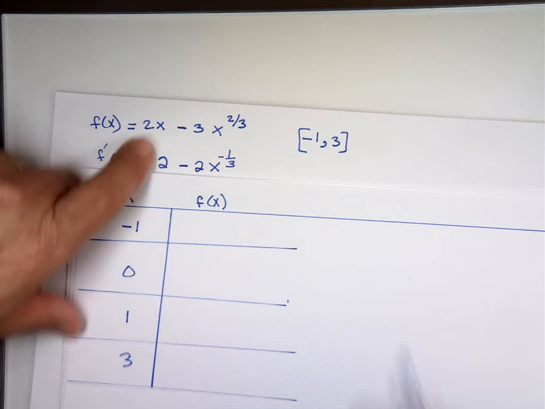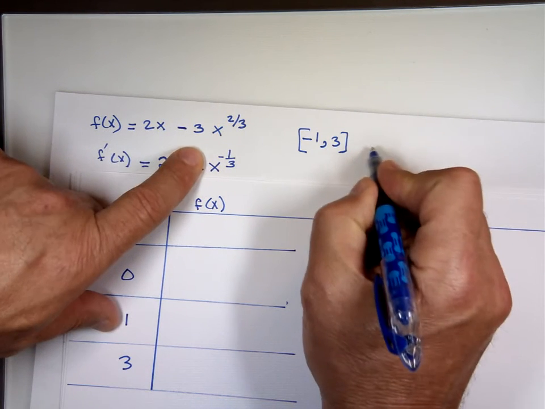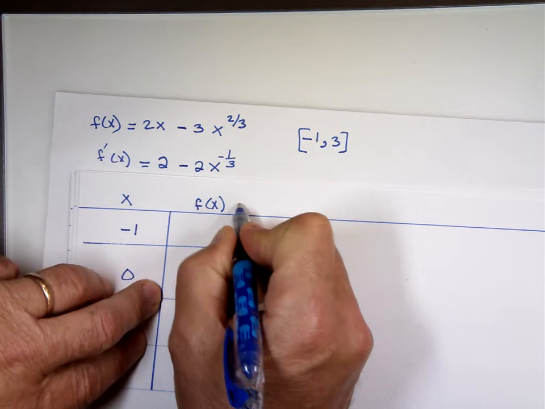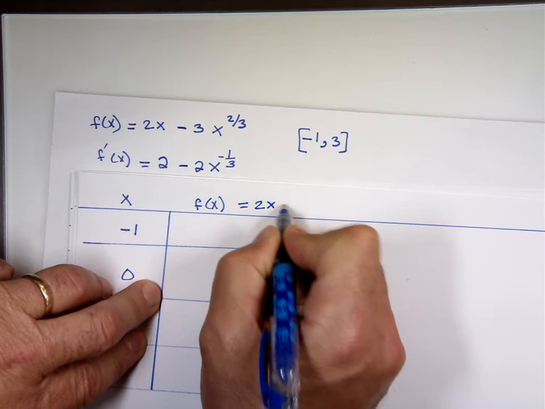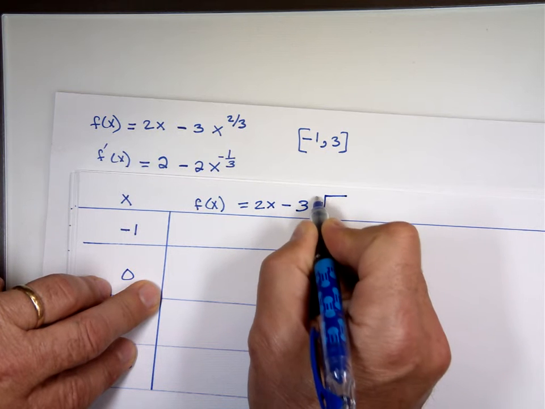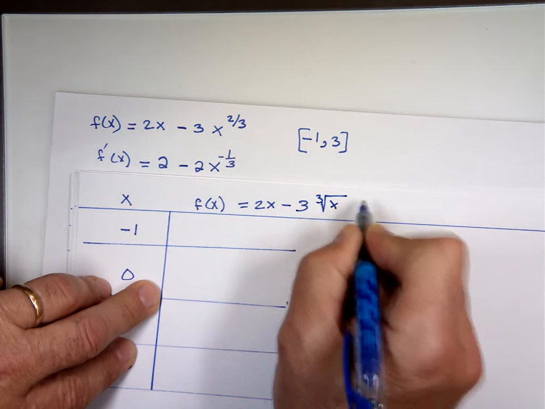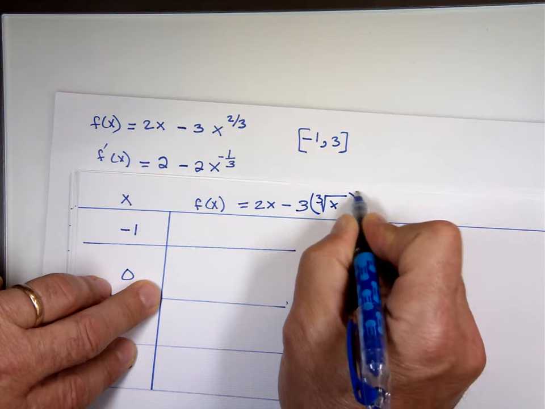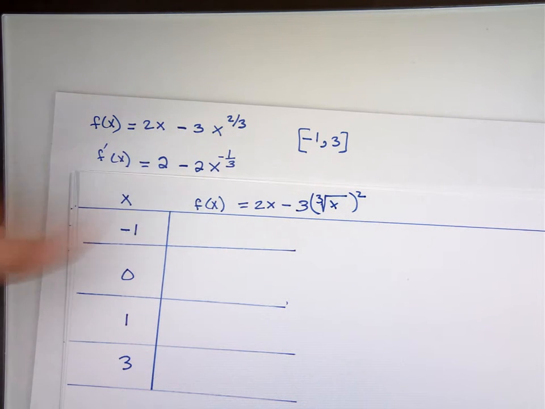Again, you're looking at the function, it's really 2x minus 3 times the cube root of x squared. That's what 2/3 means. The cube root of x squared.